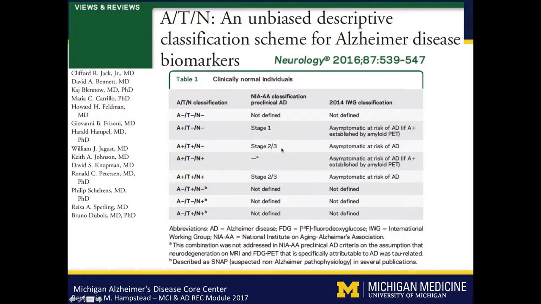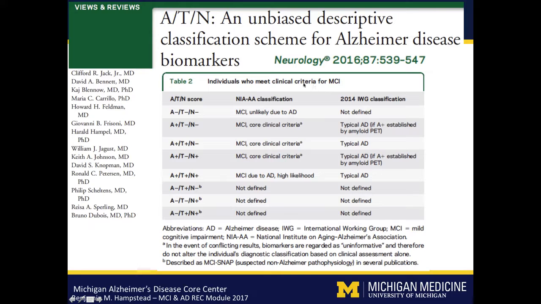And then stage 2/3 would be if there was evidence of both amyloid and neuronal injury as reflected by either the presence of tau or neurodegeneration. And obviously then you could have all three or some other combination. And again, I'll refer you to the paper to read through these other options.